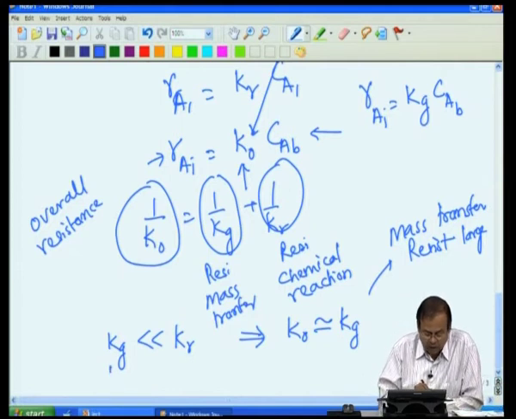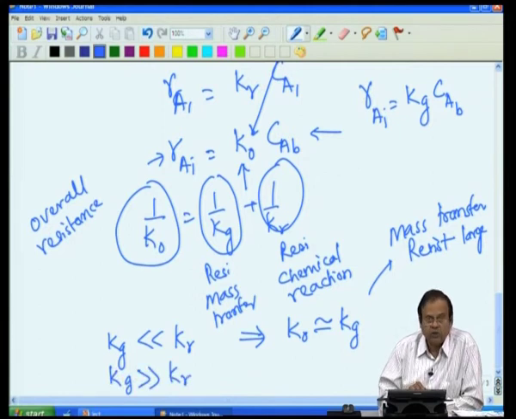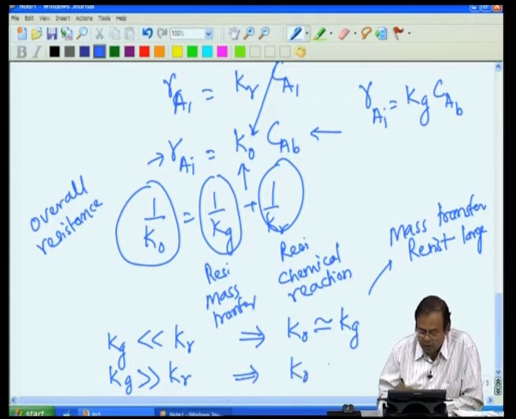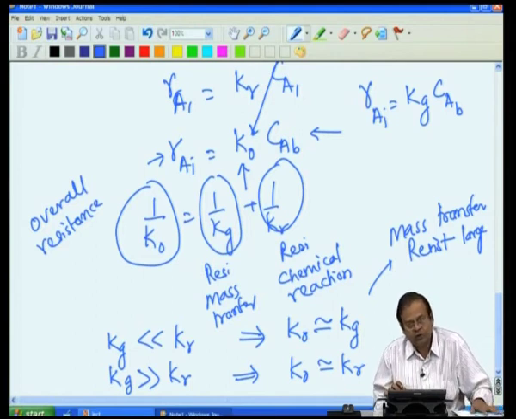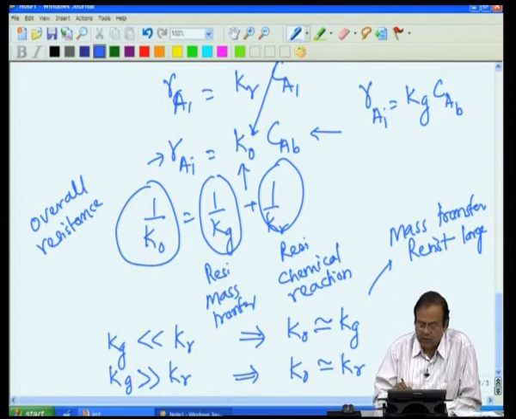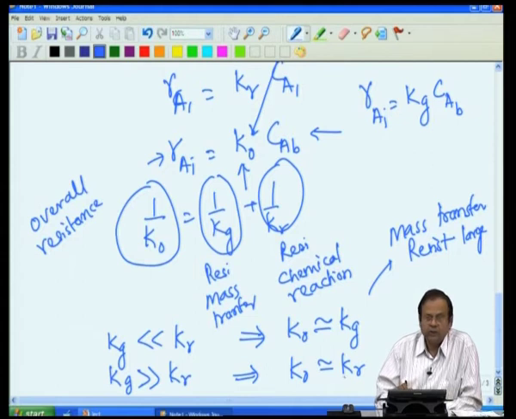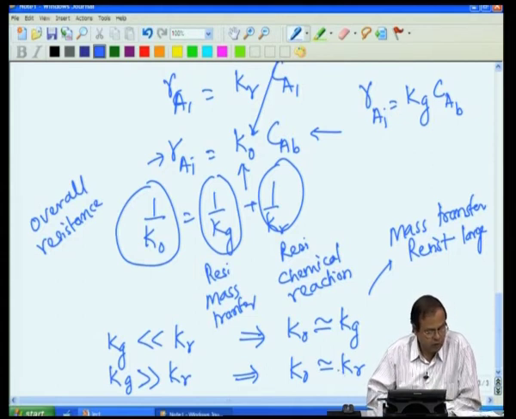What about the other situation? If Kg is very much greater than Kr, that means now the reaction is very slow, this would imply K naught is almost the same as Kr. So, when the mass transfer resistance is very small compared to the chemical reaction resistance, then the kinetic rate constant that we will measure, or K naught, is the same as the actual kinetic rate constant.